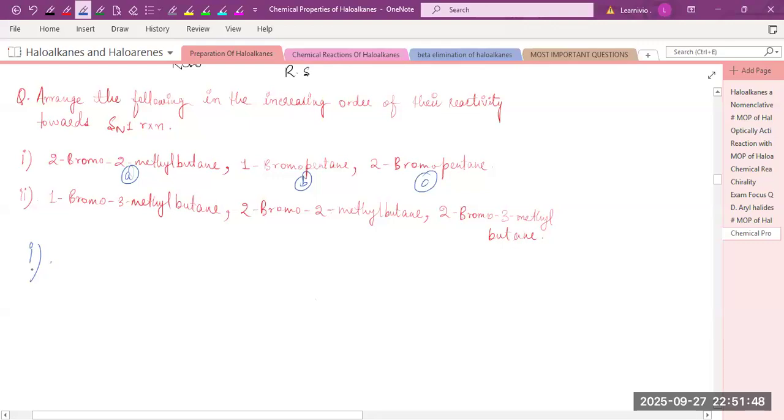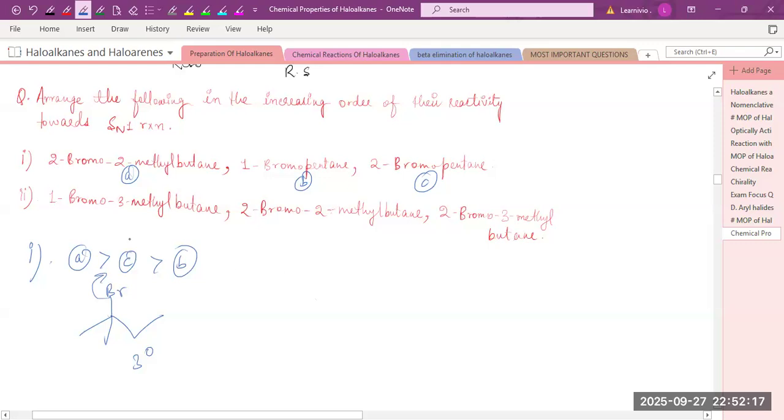A, C, B. Yeah, very good. So 2 bromo, 2 methyl butane. Once you draw this, 2 bromo, 2 methyl. When this is removed, you will get a tertiary carbocation, which is most reactive towards SN1. Then 1 bromopentane.